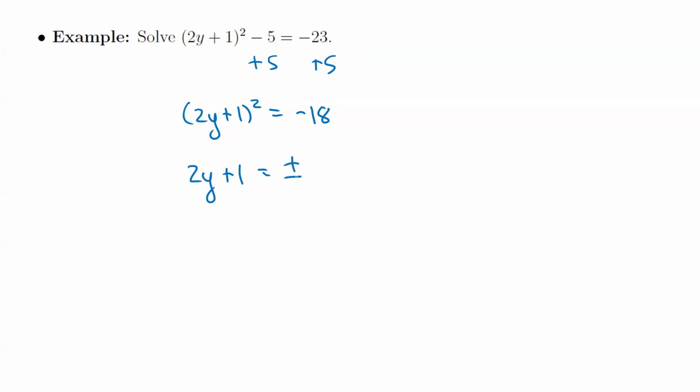So plus or minus the square root of negative 18. Okay, now over on the side, I'm going to see if that square root of negative 18 can be simplified. And of course it can, because it's definitely got this negative that I want to be able to pull out as an i. So negative 1 times, and of course 9 is a perfect square.